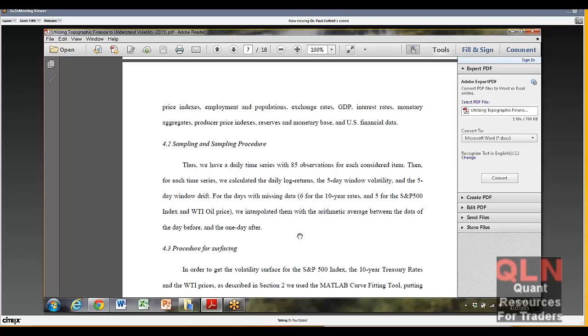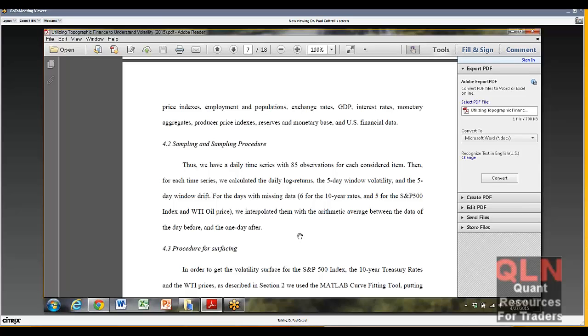We assume that drift is calculated using a regression line. So it's a quick way to get momentum direction.